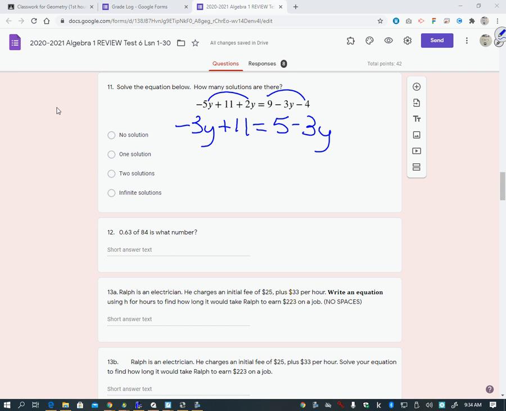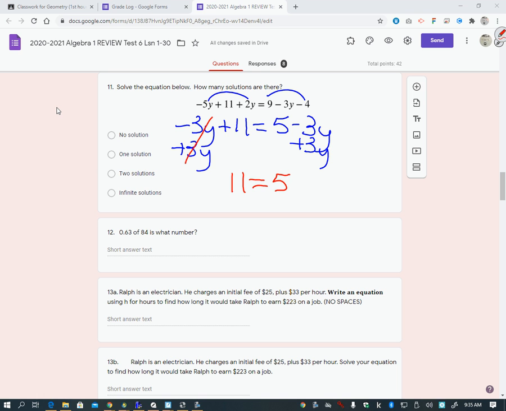Add the 3y. How do I move it? Add it. All right, what is negative 3y plus 3y? 0. So what we're saying is that it cancels out, right? And I'm left with what? What's left now? No? What's left? Look at what's left. 11 equals 5.